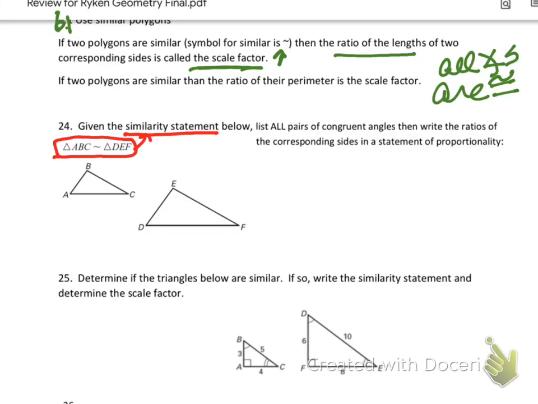Triangle ABC is similar to triangle DEF. That means, in terms of all similar triangles, they have congruent corresponding angles.